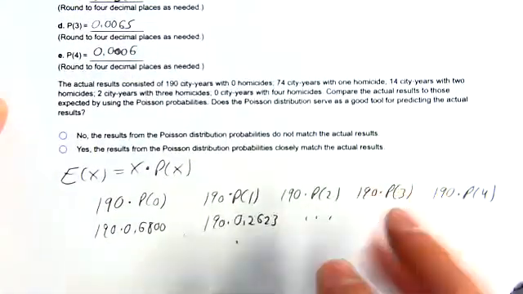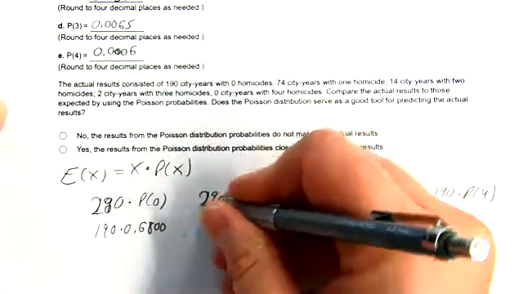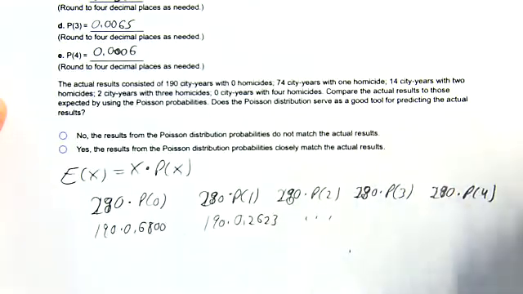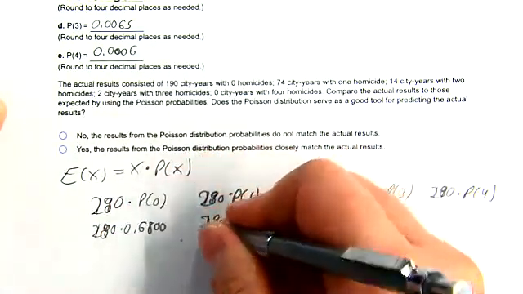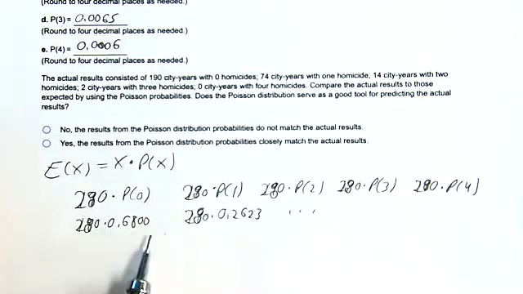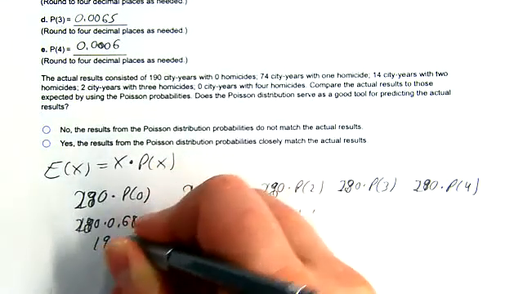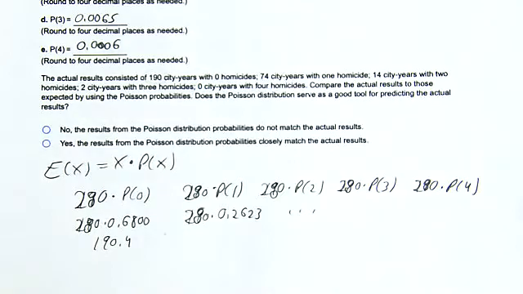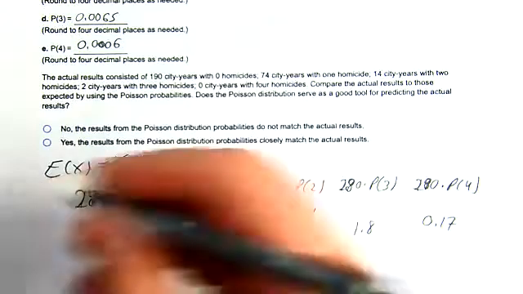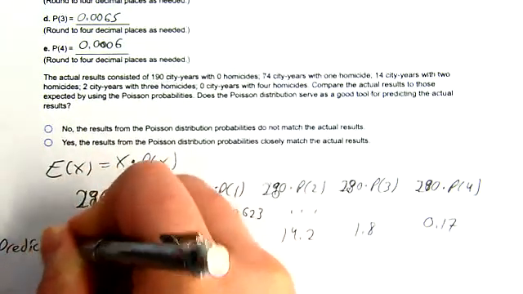So each of these 190s should have been a 280. Okay, then if you do that, 280 times 0.680 would be 190.4. And the next one's going to be 73.4, 14.2, 1.8, and 0.17. So just like the hurricanes, these are the predicted homicides.